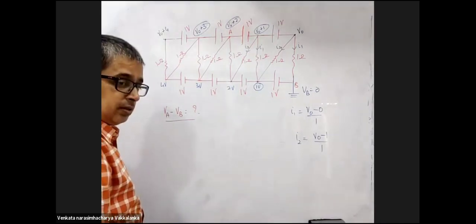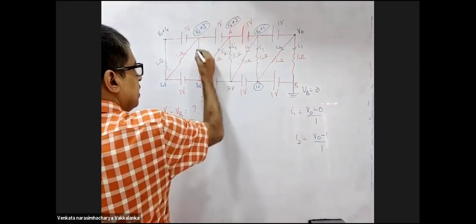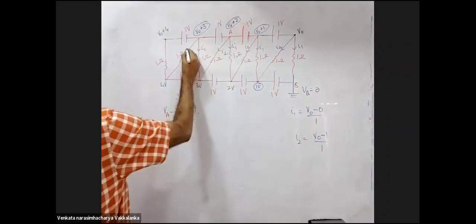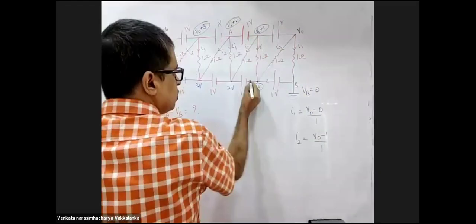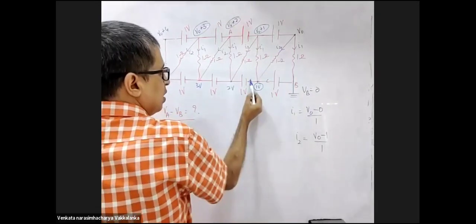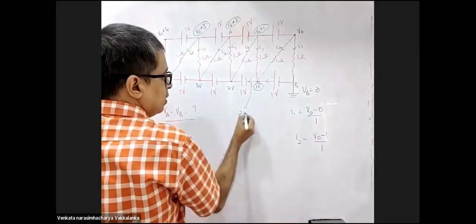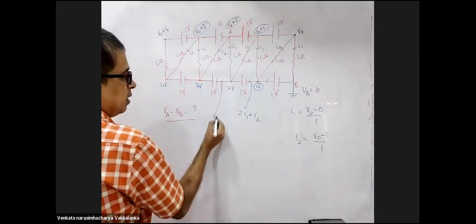Yes, sir. This is I1, this is I2, this is I1, this is I2. So if I1 current comes here, what is the current here? This I1, I2, I1 will come here. So the current here is 2I1 plus I2. What is the current here?